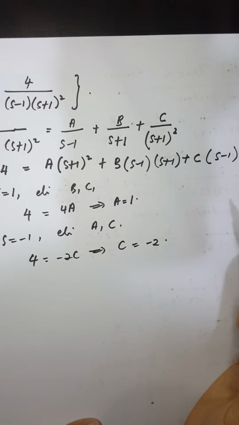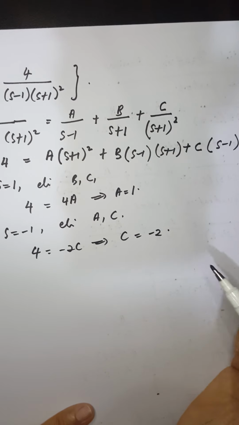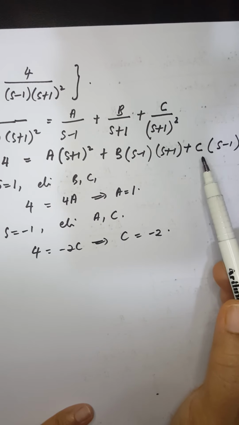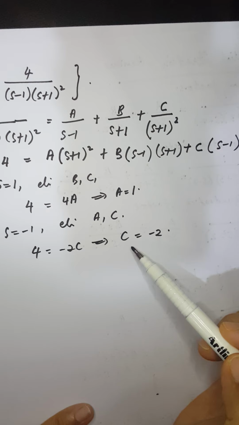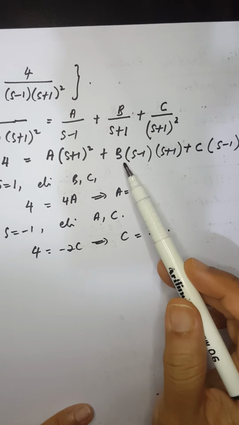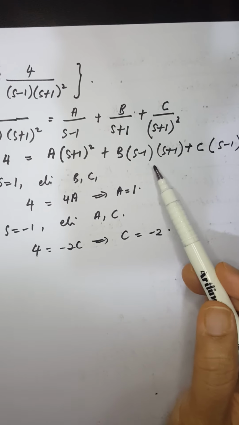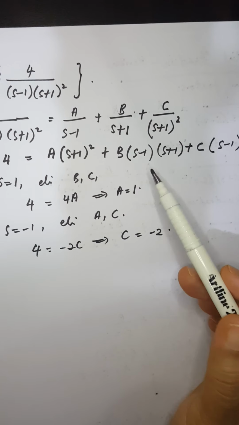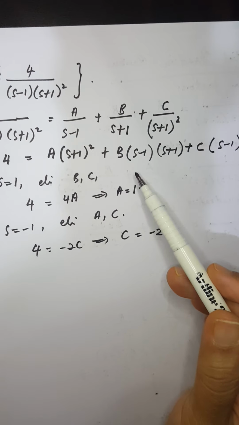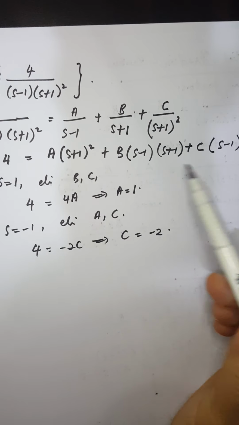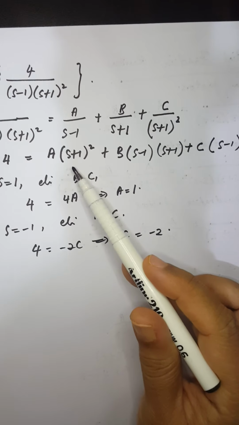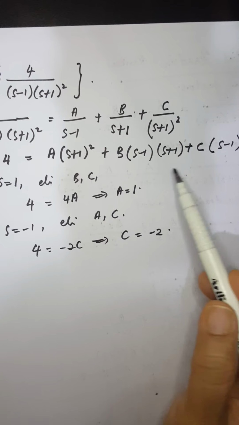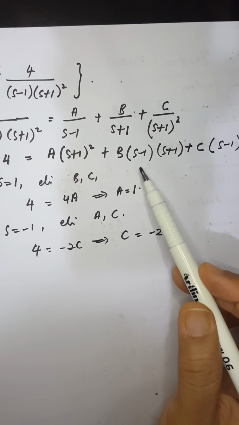Okay, so the remaining constant is B. We have A and C, so we have to find B. In order to get B, we cannot eliminate A and C because there are no common factors, so we need to find other ways.